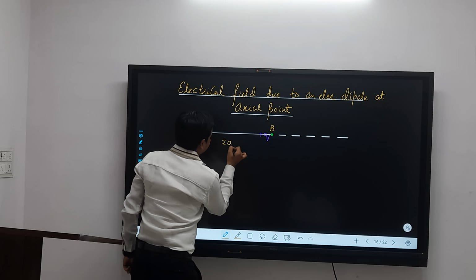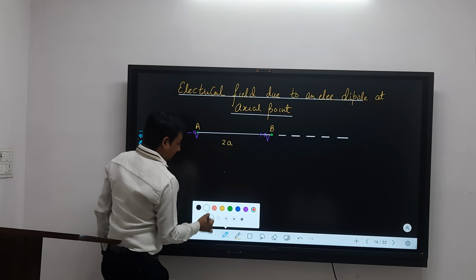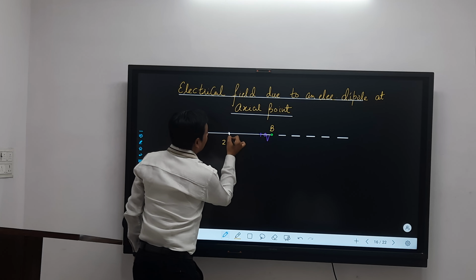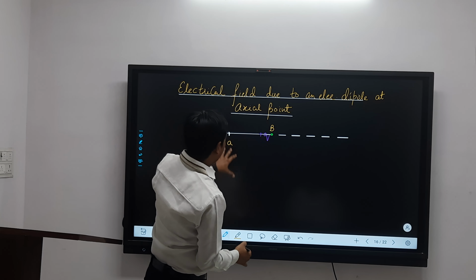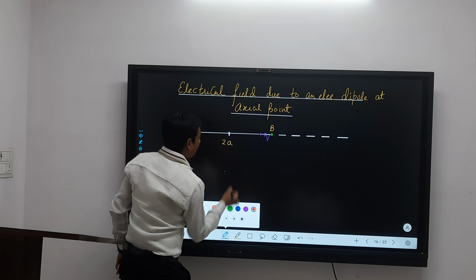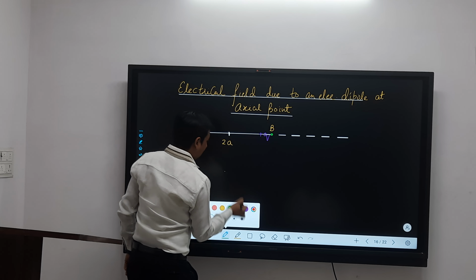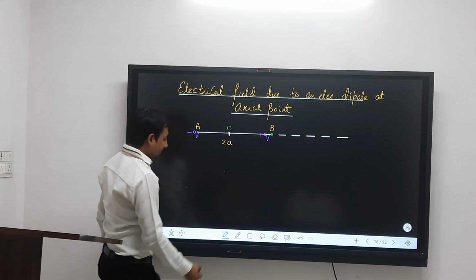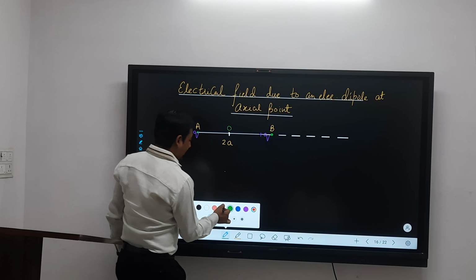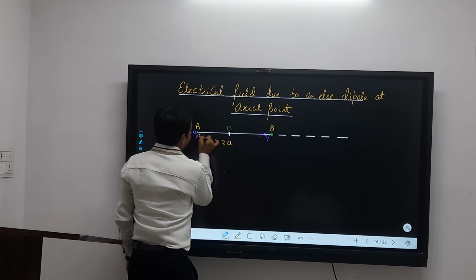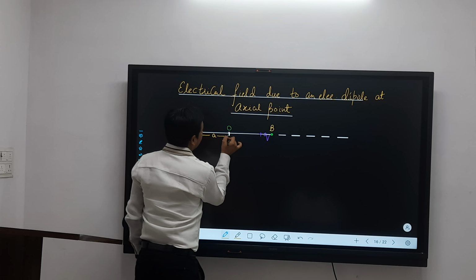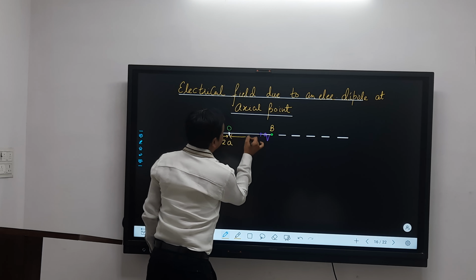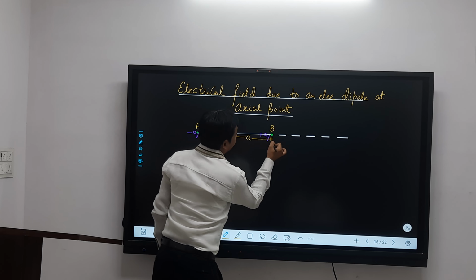Let's suppose this is the midpoint, O. If it is the midpoint, then the distance from A to O will be a, and the distance from O to B will also be a.